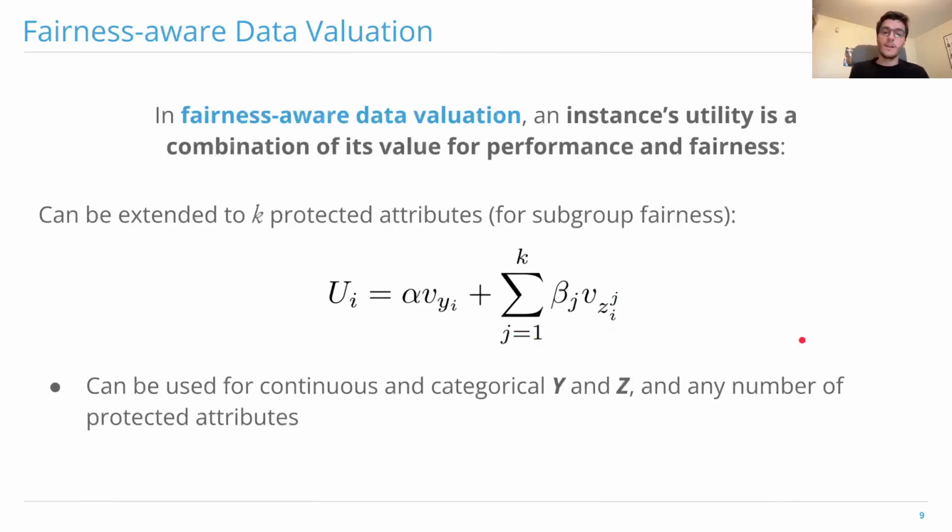And from here on in, I'll be referring to Y as the target of our classification task. So in this case, fraud, it's a binary value, but it could be continuous or categorical. And Z will be the protected attribute. In this case, it's always binary as well, but the framework allows it to be continuous and categorical.